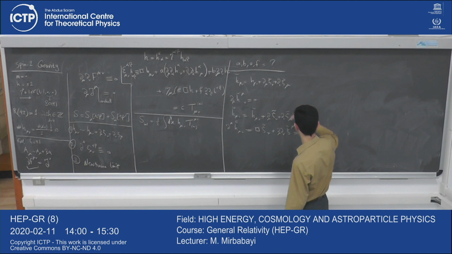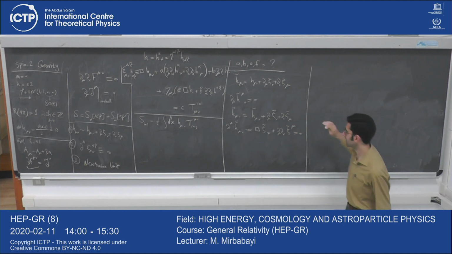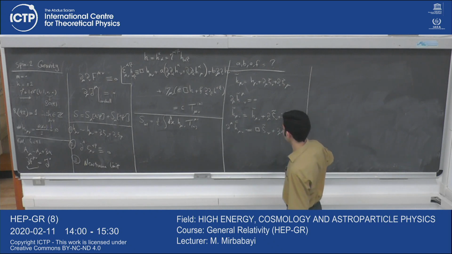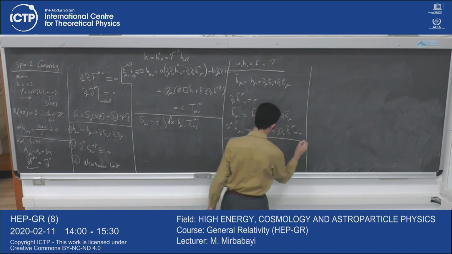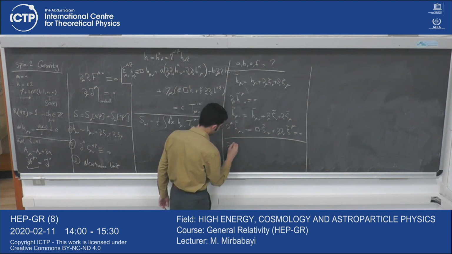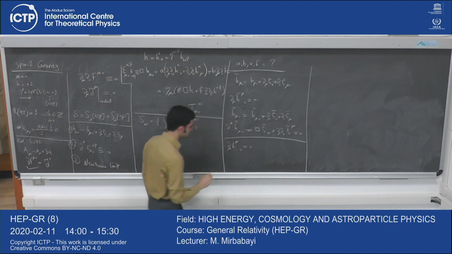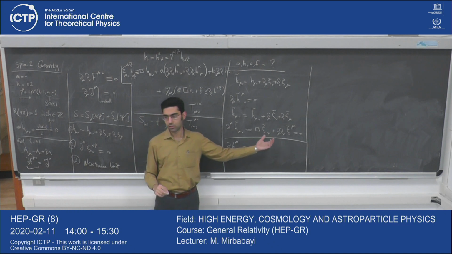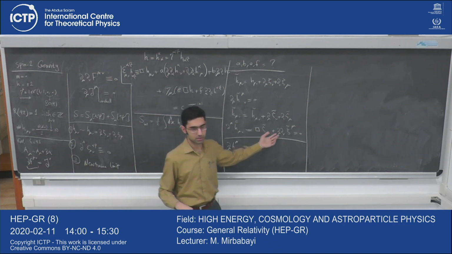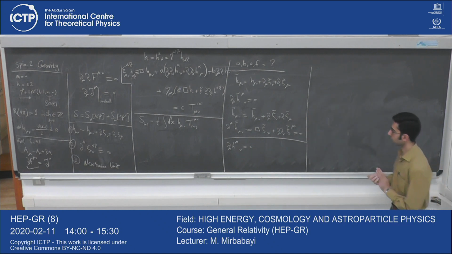So from now on, or at least for this part of the discussion, h mu nu is divergenceless. So we know that we can do this, and we know that this condition doesn't totally fix gauge transformations. There are some residual gauge transformations that keep this condition.